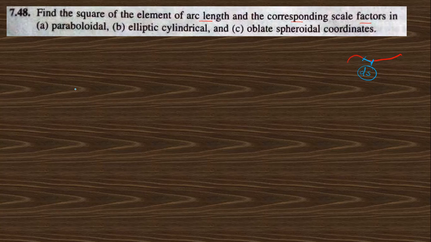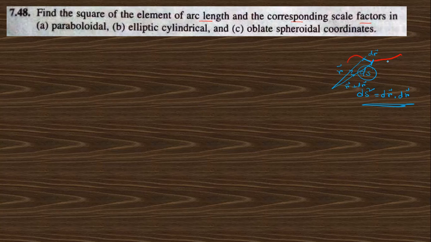We need to find out ds square. So ds square is nothing but, if this is the position vector r, and this point is taken as r plus dr vector, so this is dr vector. So you can write it as dr vector dot dr vector.